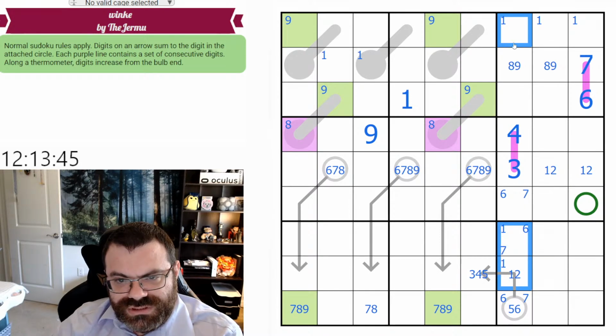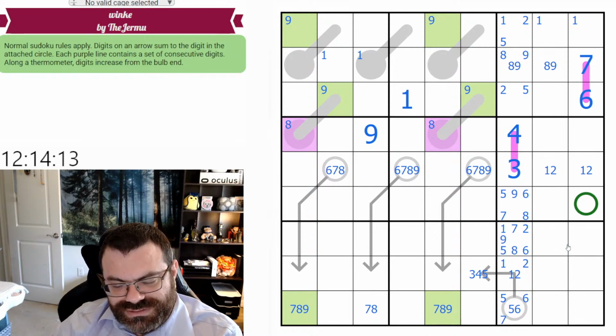The 2s can go here, here, here, or here. We have 1, 2, 3, 4. I need a 5. 5 can go anywhere. 6, 7, and then I need 8 and 9. So 8 and 9 can go here or here.